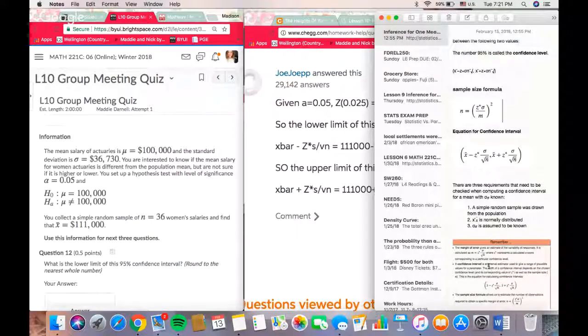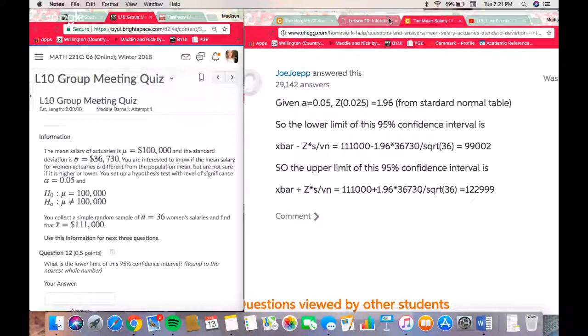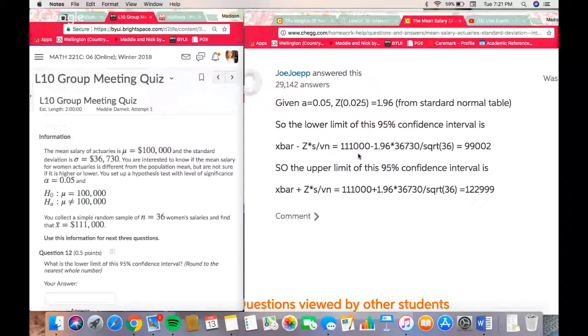Because the margin of error, this is super small, I can barely see it, is M equals Z times sigma over N, where Z represents a calculated Z-score corresponding to a particular confidence level. Which are the three z-scores that are the 90? So he's doing the Z over N. So it's like 111,000 minus 1.96 times 36,730 over 36.